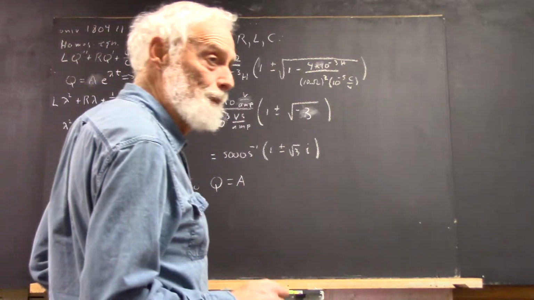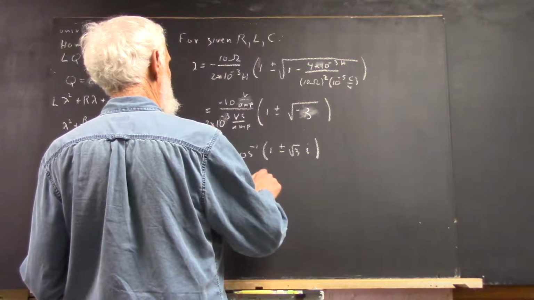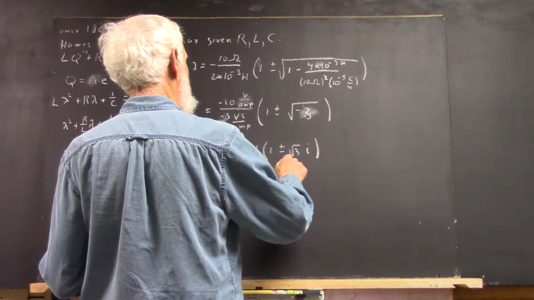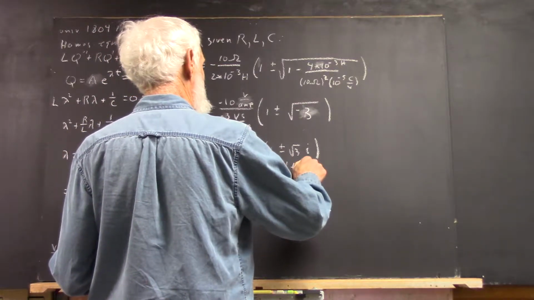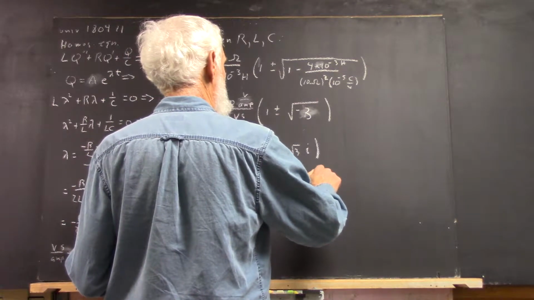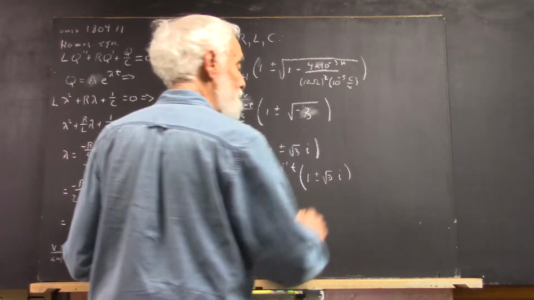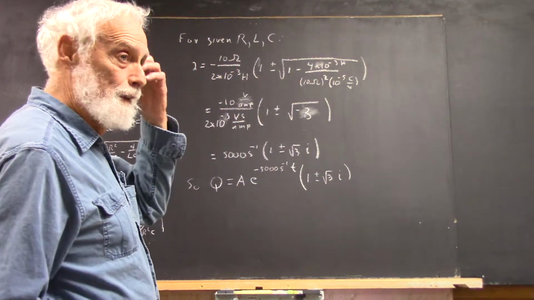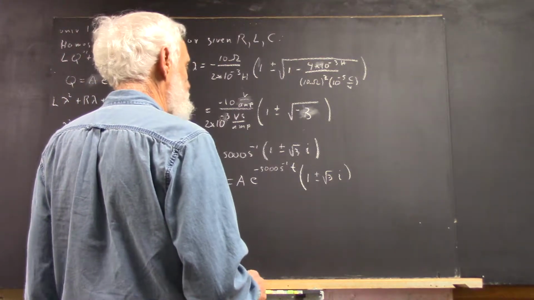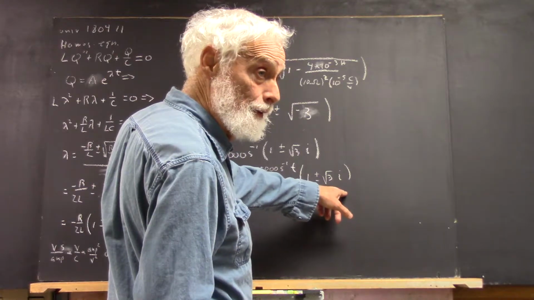So our solution, Q is A e to the negative 5,000 per second t, multiplied by 1 plus or minus the square root of 3i. That's our complex number.